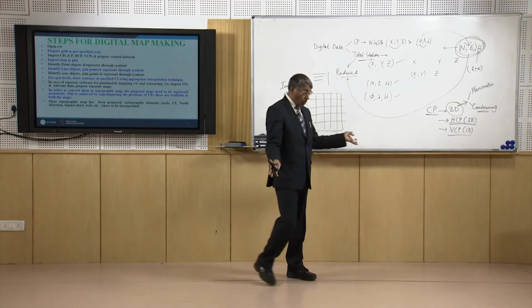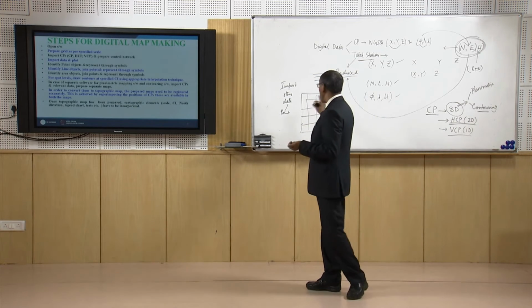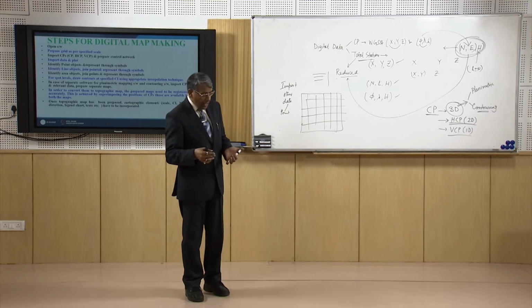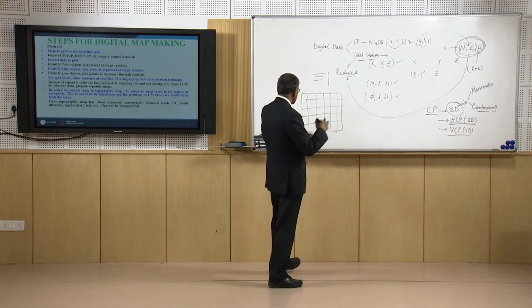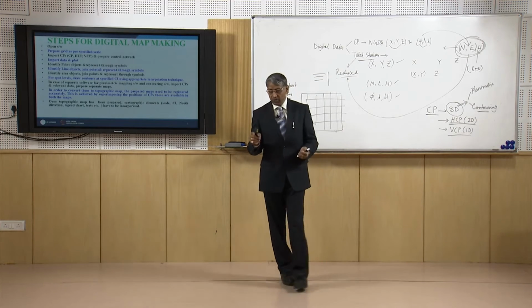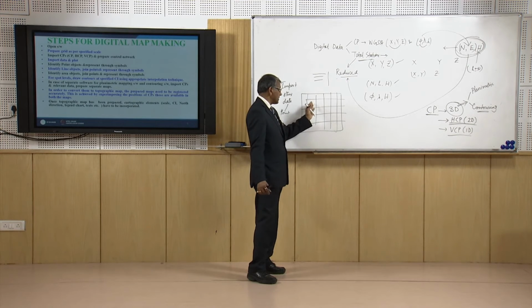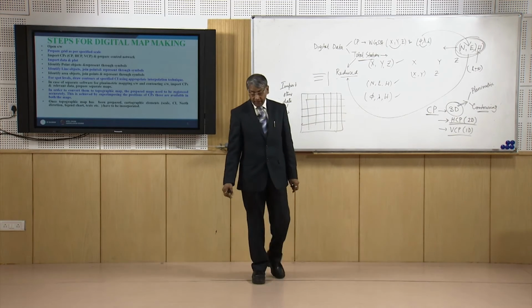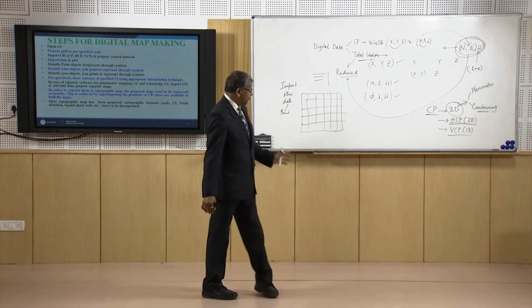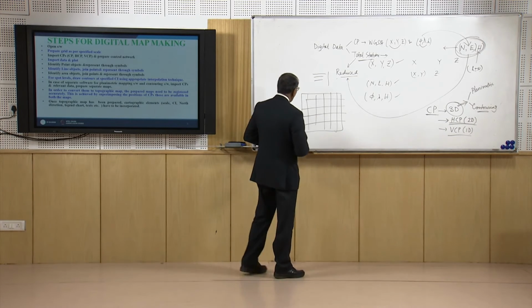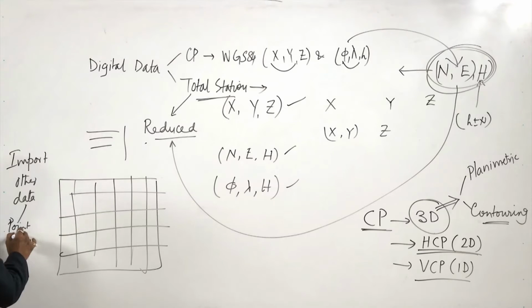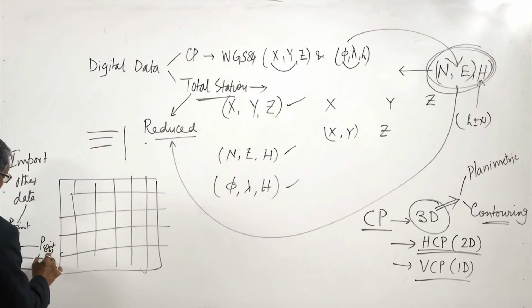So we have to import all those point clouds to the software, and then use the appropriate command to bring those points plotted on the grid. Now, from this cloud of points, we have to identify which points are point objects, line objects and area objects.